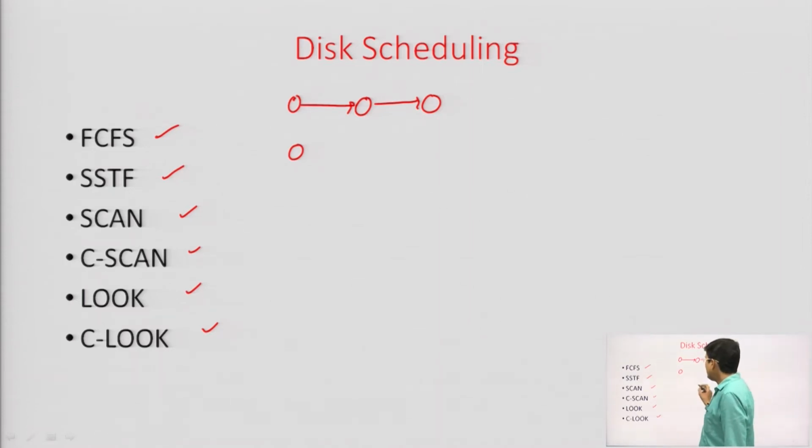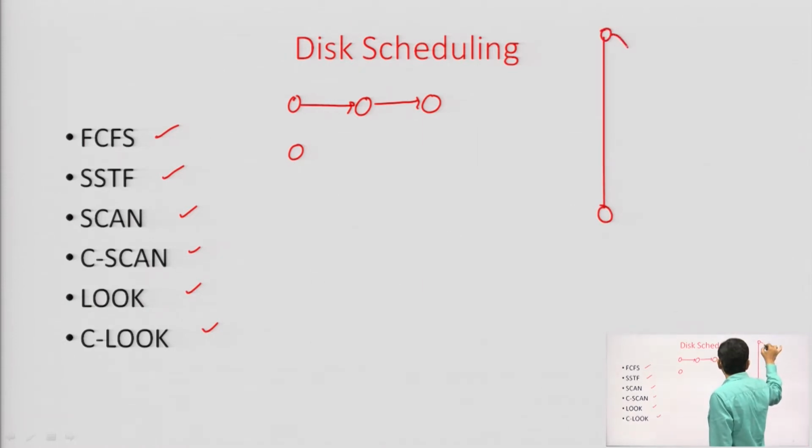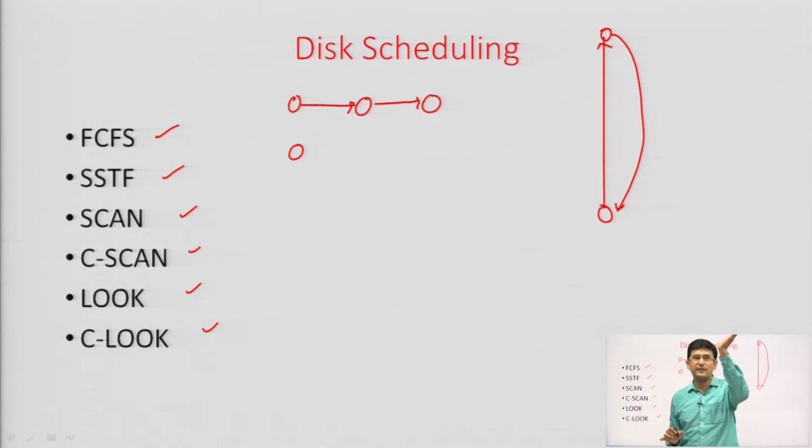In the SCAN algorithm, more like the elevator algorithm, the disk arm moves from the lowest track number to the highest track number, satisfying the requests, and then it comes from the highest track number to the lowest track number, satisfying the requests. So, while going up it satisfies the requests, and while coming down it satisfies the requests.